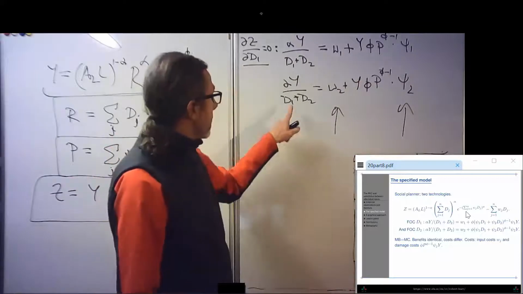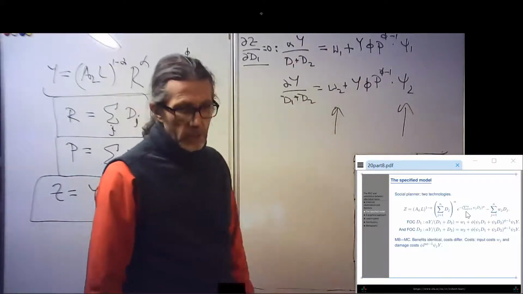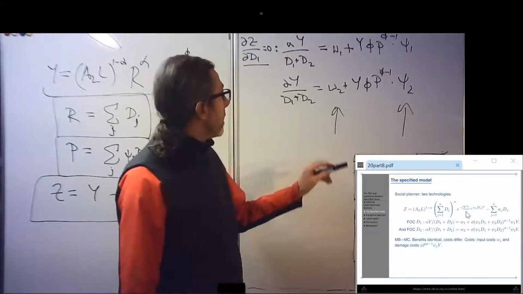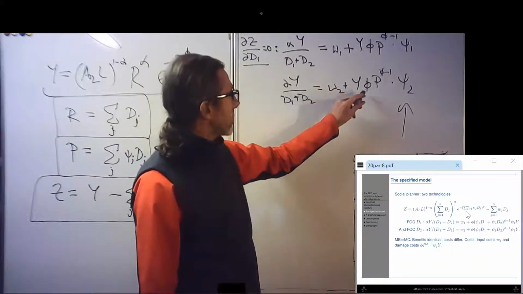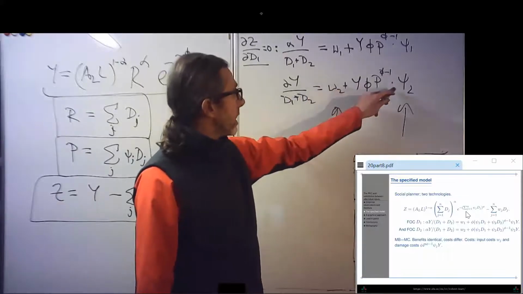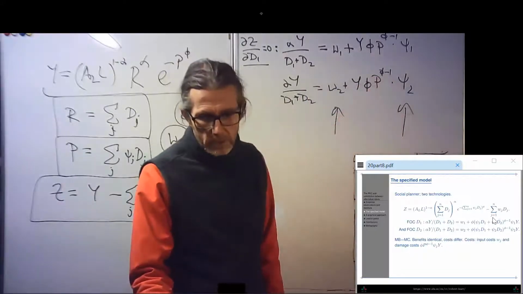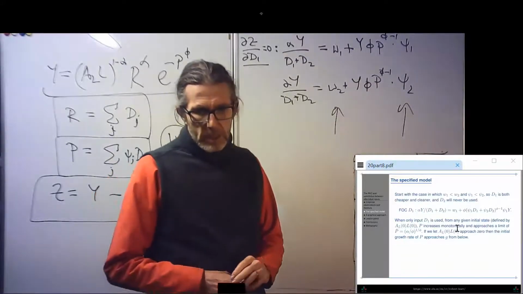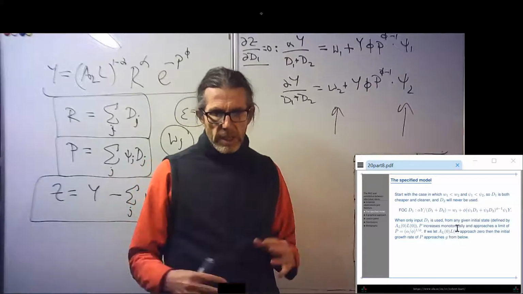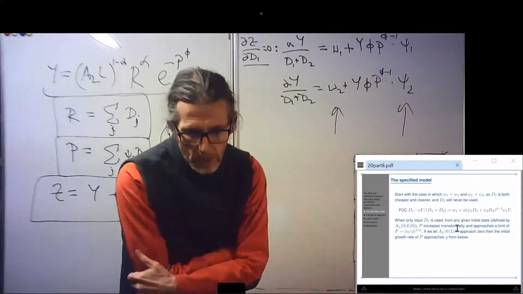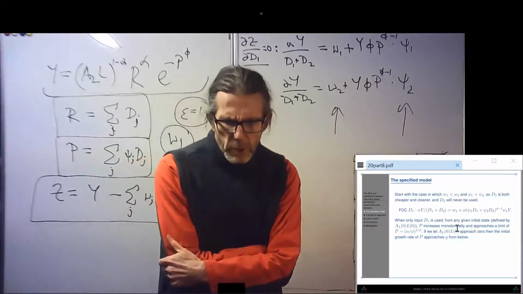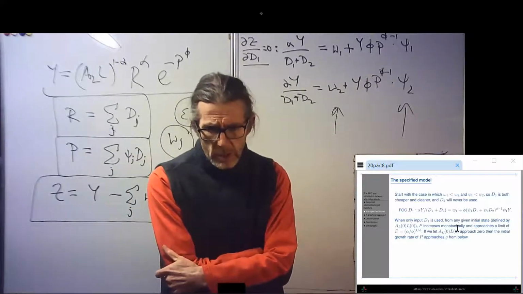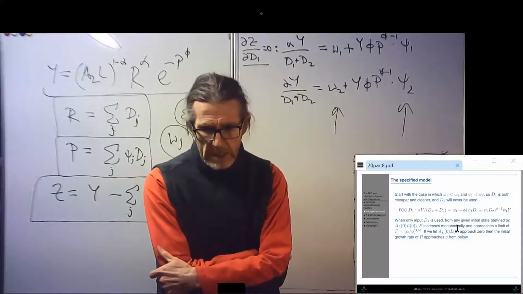On the benefit side, the expressions are identical. On the cost side, they differ. It's the sum of extraction costs, or the cost of the technology, and the damage costs. Let's see what the notes say. Yeah, so then it's just a little bit hand wavy. But I think this case is super straightforward, actually. Start with the case in which input 1 is cheaper and cleaner.